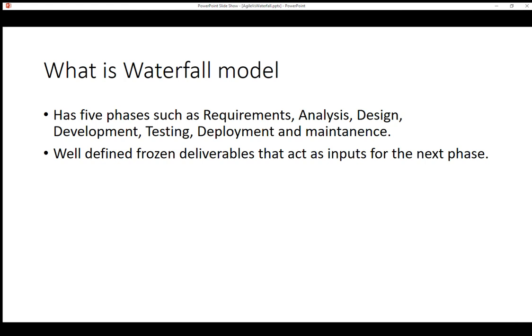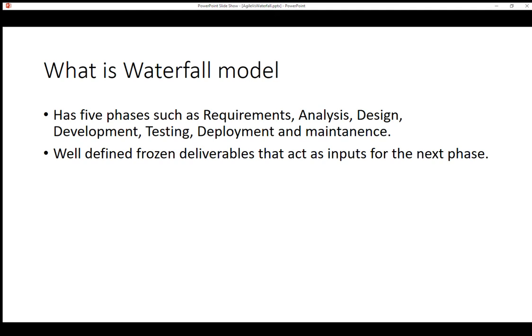So each phase delivers something and it would be an input to the next phase. Requirements are captured early and are used as inputs for analysis and design. When the analysis and design phase is completed, we have a fully designed system that is ready for development. When development is done, the system is expected to be ready for testing and so on and so forth.